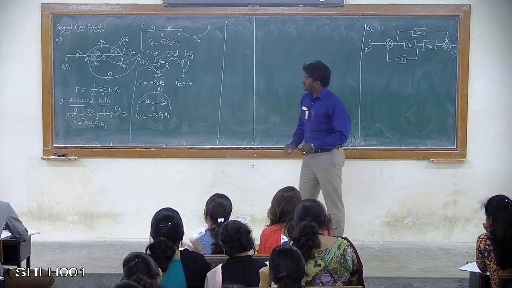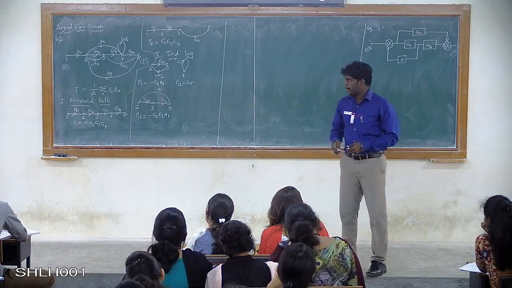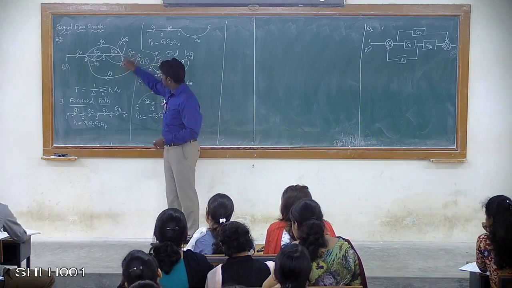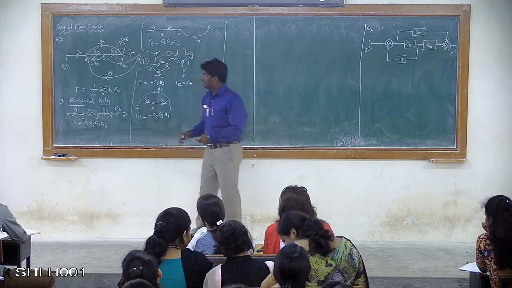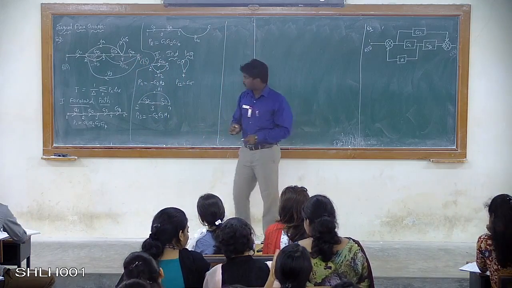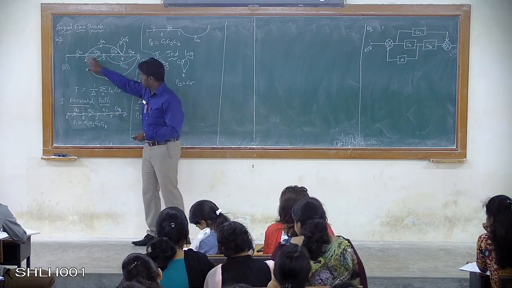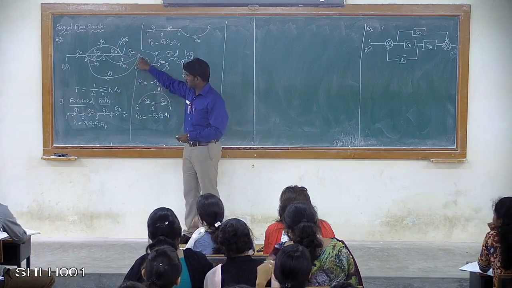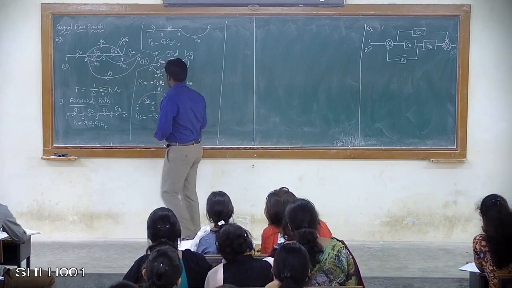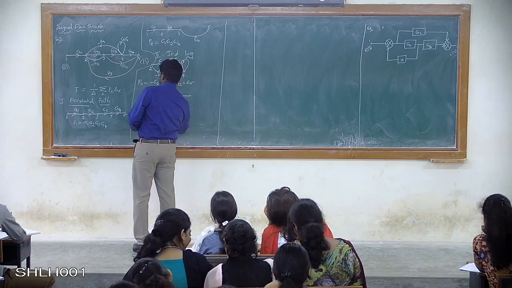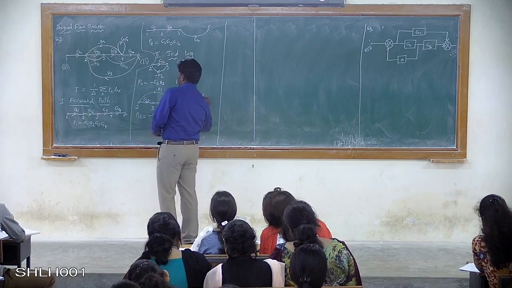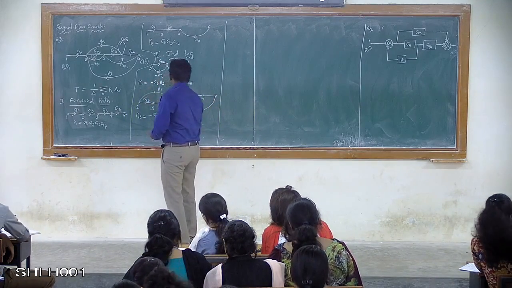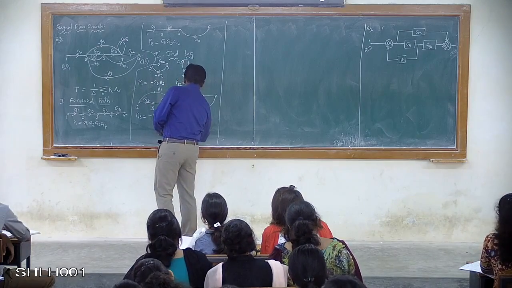Right. So is there any other individual loop present in it? Okay. 4 to 5. 2 to 3, then 3 to 4, 4 to 5, 5 back to the node number 2 with the gain value minus H3.